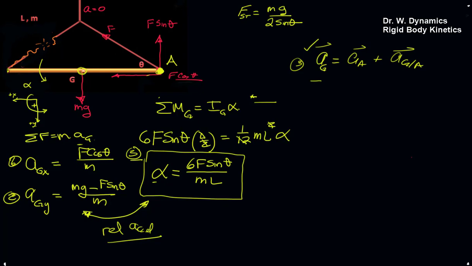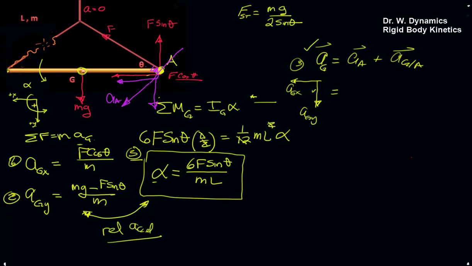For a_G, we have two values here. We have our a_Gx and our a_Gy, and they're known. We haven't really looked at a_A yet, but we can think about it. Since it's tied to a rope up here, its acceleration would have to be like this. And therefore there's going to be acceleration components in this direction and in that direction.